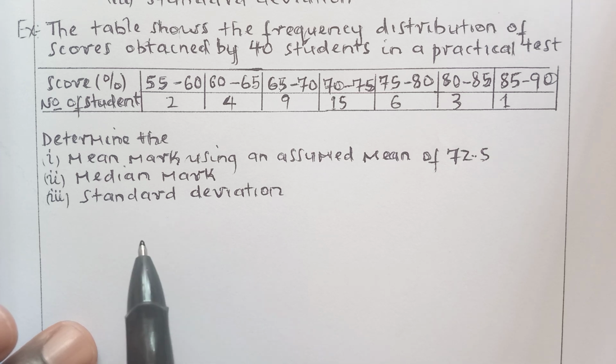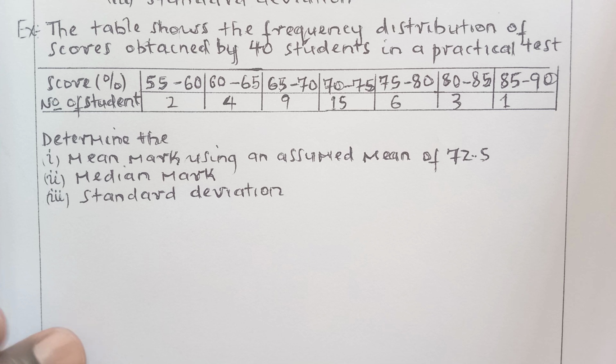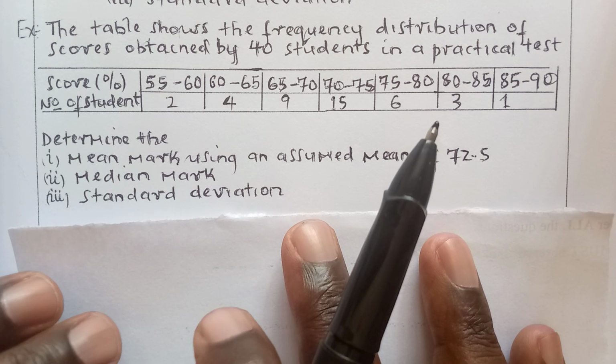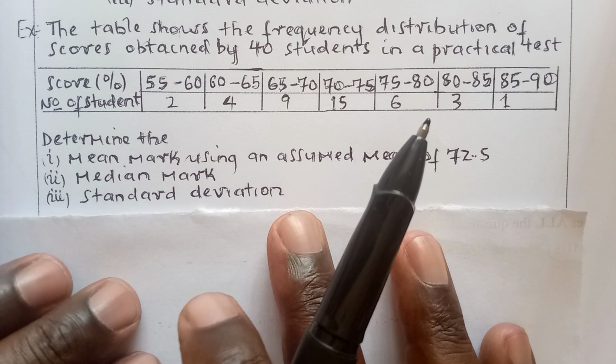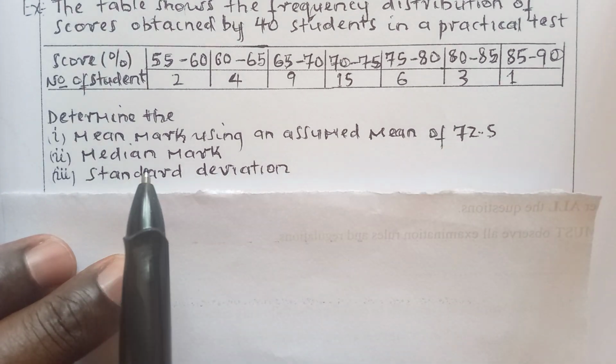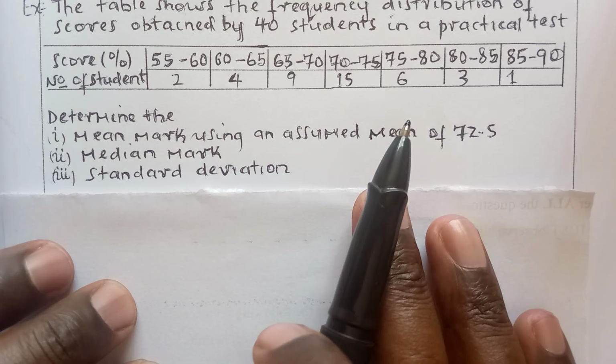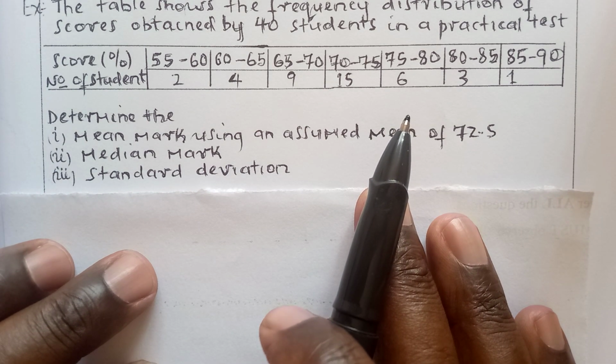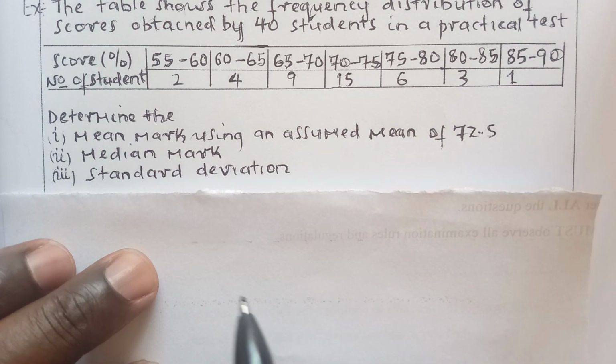So guys, before we even attempt to draw our table, let's see the equations that we are going to use. The first one is for the mean mark using an assumed mean.